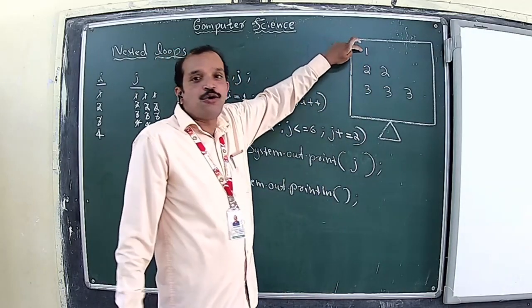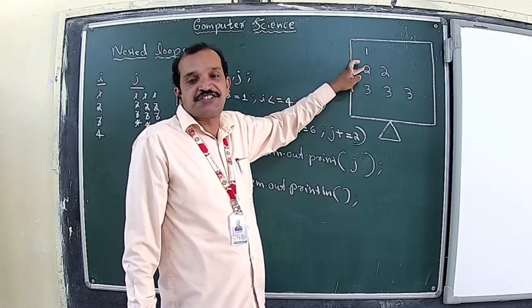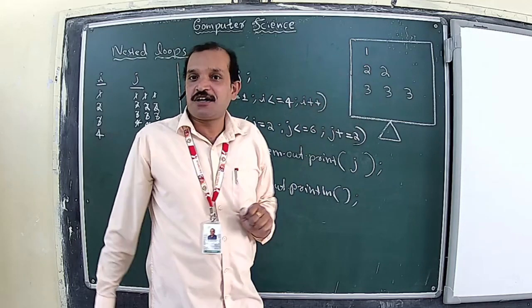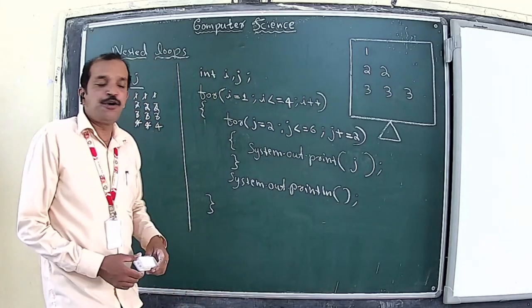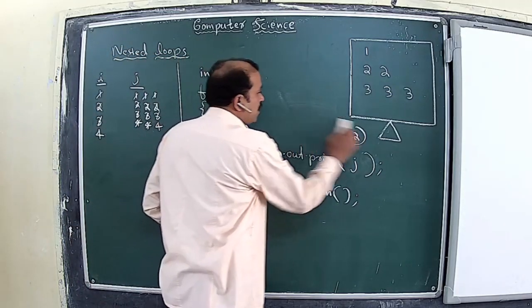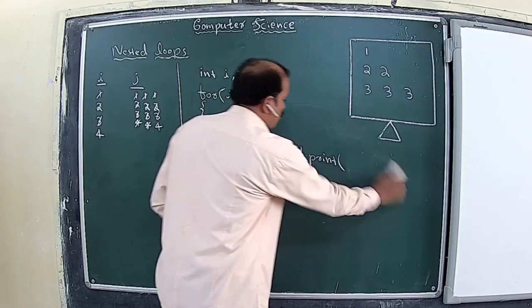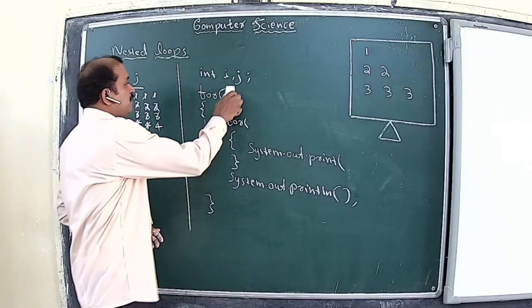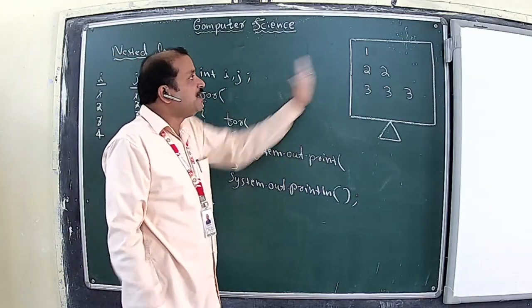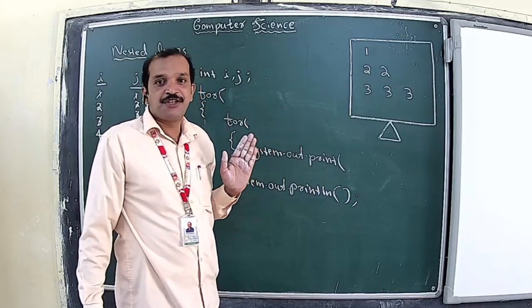In the first row, only one column is there, whereas in the second row, two columns are there, and in the third row, three columns are there. And in order to produce this output, definitely we have to make some changes as part of the inner loop and outer loop. And these are the changes that are to be made. See, here which value is printed? It is the row value that is printed, not the column value.